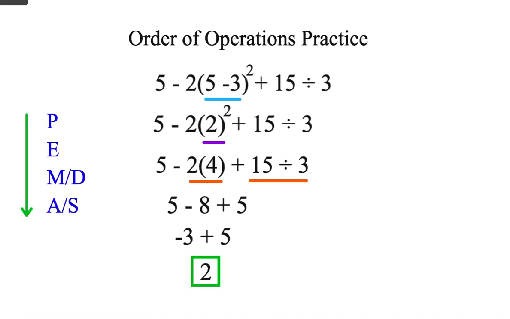So now you're done. But another way to do addition and subtraction when you have a couple things there together is to do the positive combined with the positive, combine 5 and 5 to get 10 minus 8, and that is another way to get 2.